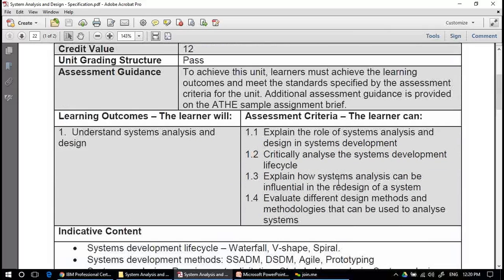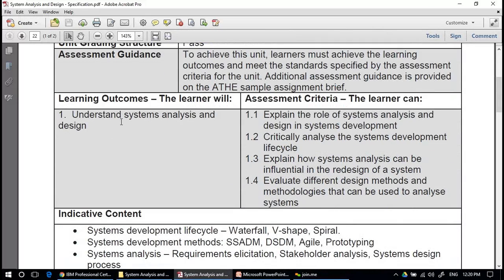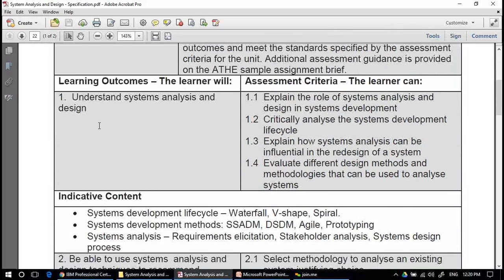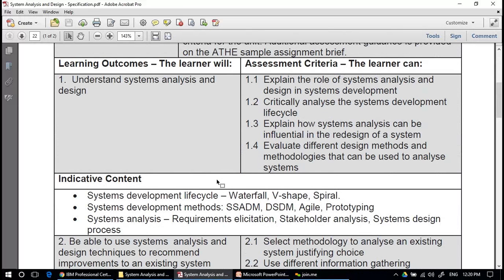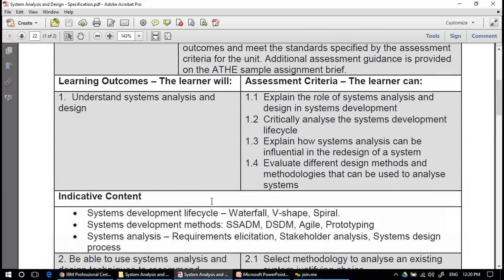So the first learning outcome is understanding system analysis and design. System development life cycle is one of the topics where you will learn what the system development life cycle methodologies are.